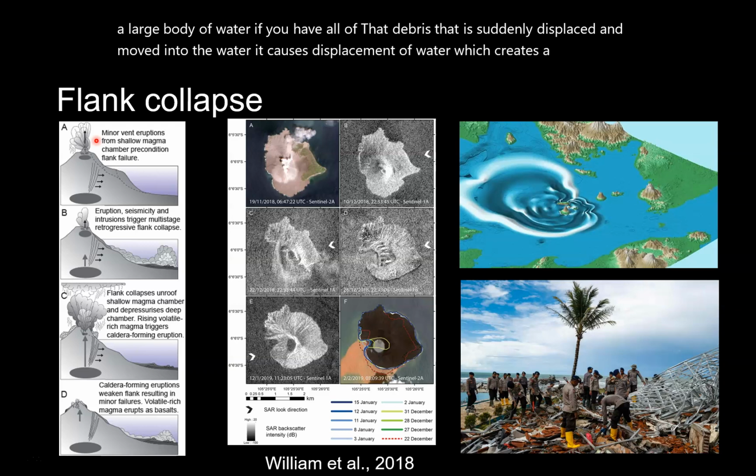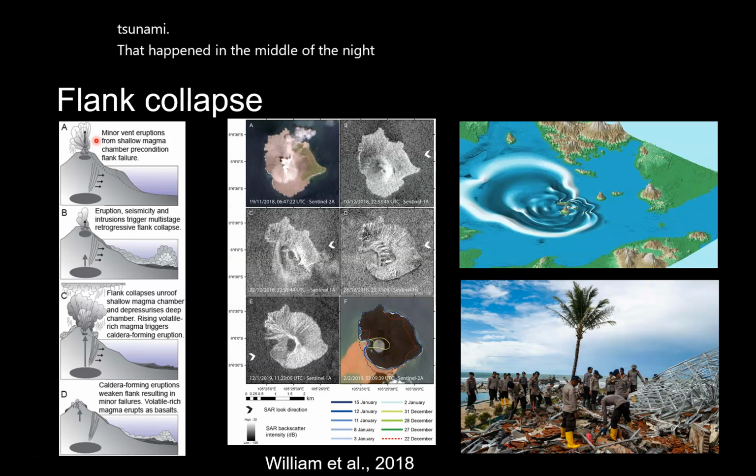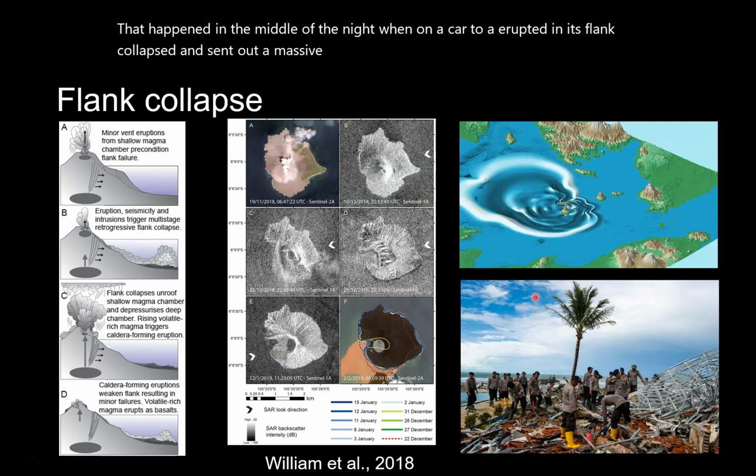Only a couple years ago in Indonesia, there was a really devastating tsunami that happened in the middle of the night when Anak Krakatoa erupted and its flank collapsed and sent out a massive tsunami that killed hundreds of people in coastal communities away from the volcano.